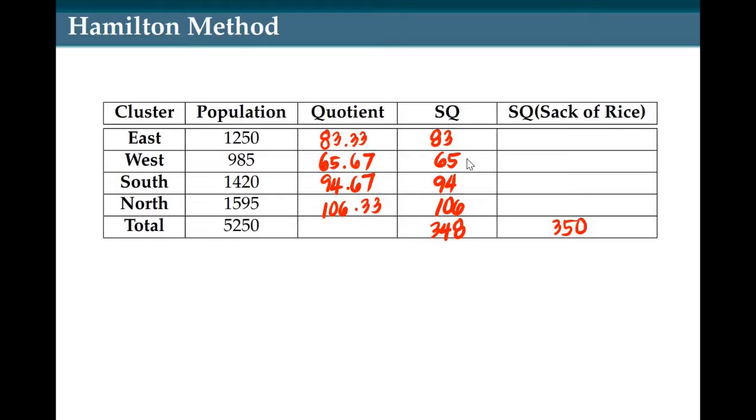Their standard quotas will be given an extra sack of rice. So we have the final 83, 65 plus 1 is 66, 94 plus 1 is 95, and 106. If we sum this up, this will give us 350, and the apportionment process is complete.